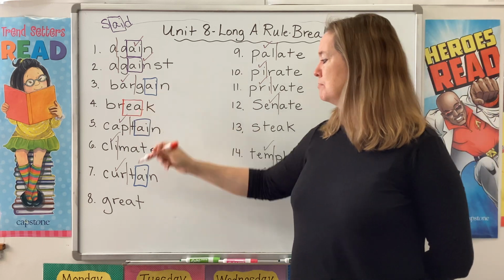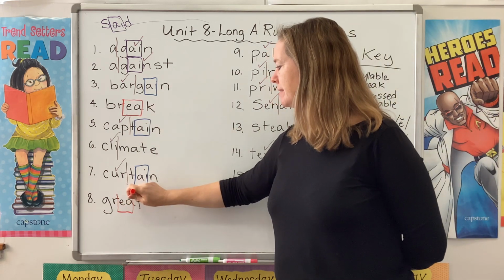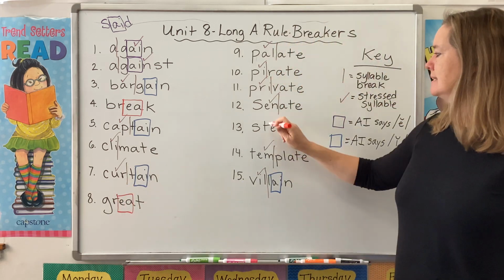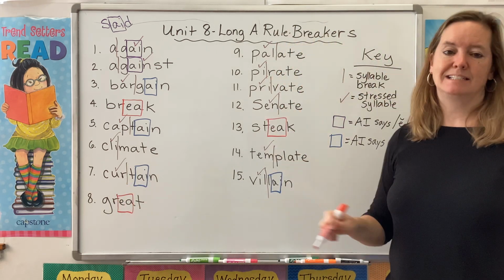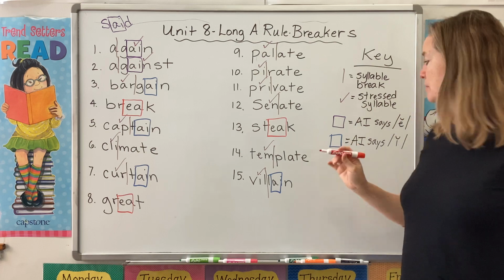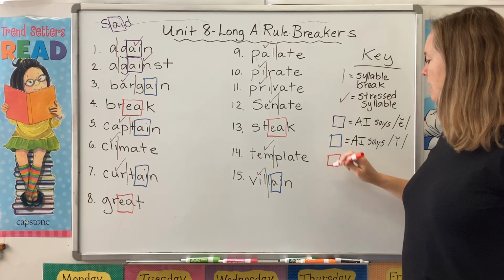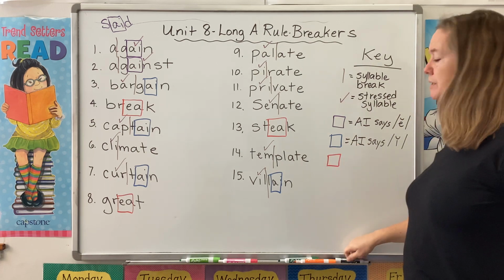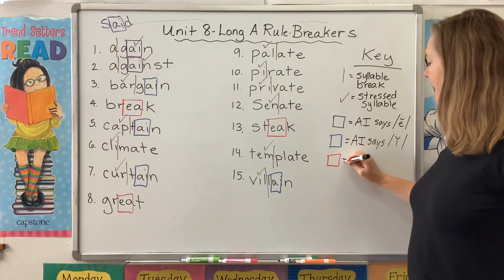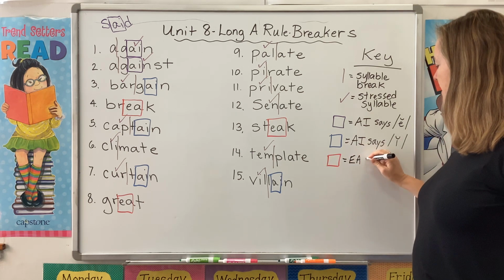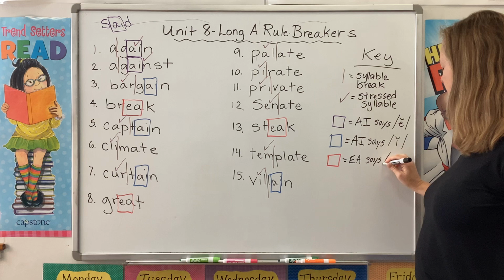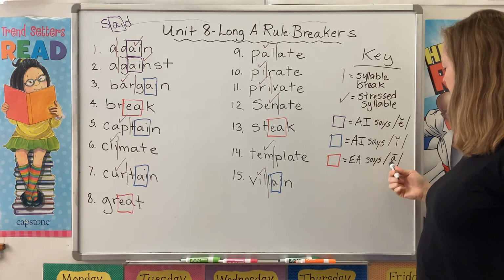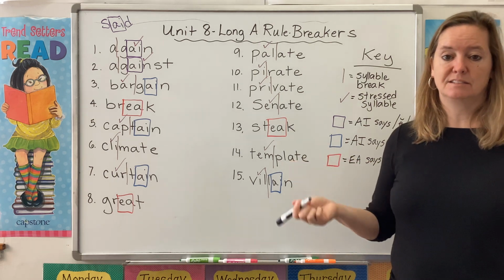It shows up in break and great and steak. Just memorize the spellings of those 3 words and know that EA says A. It makes the long A sound.